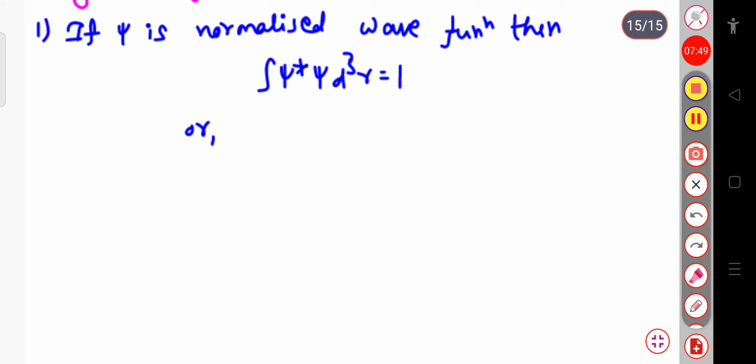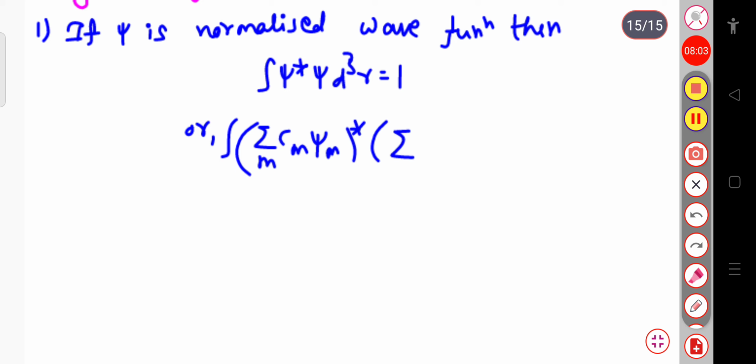So this psi star can be written as the integration over sum over m Cm psi m whole star into, in place of psi again I will write sum over n Cn psi n dqr, that is equal to 1.